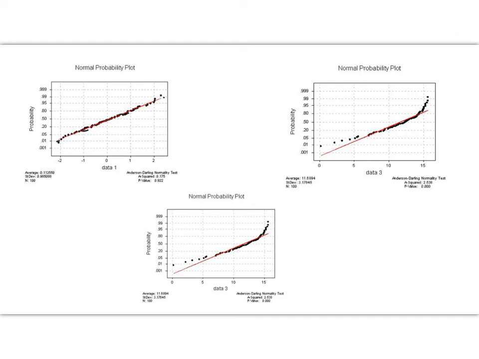If you look at this second one over here, you'll see that these values here and these values here really stray off that line, especially the ones up at the top. And the same thing here. I've got these values that aren't staying where they should be. These indicate not a normal distribution, that these two graphs here are not normally distributed. This one though, this one looks pretty good.